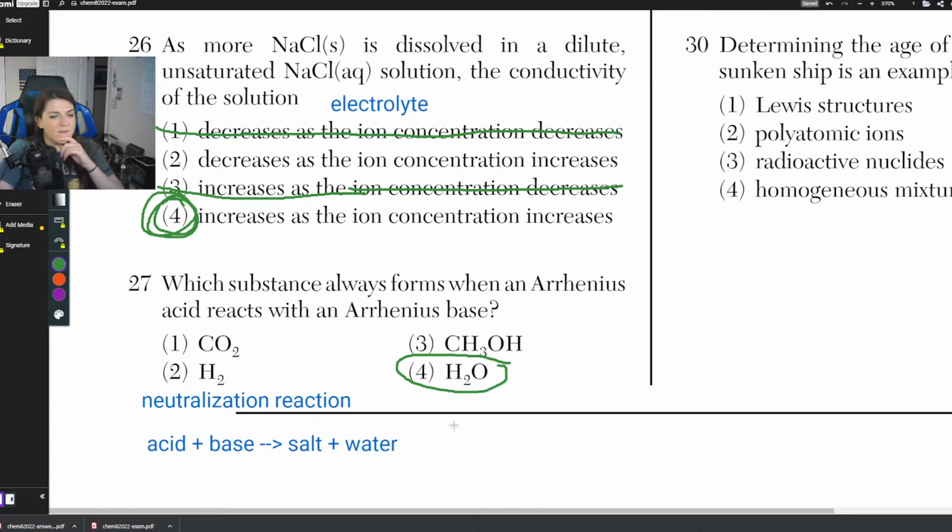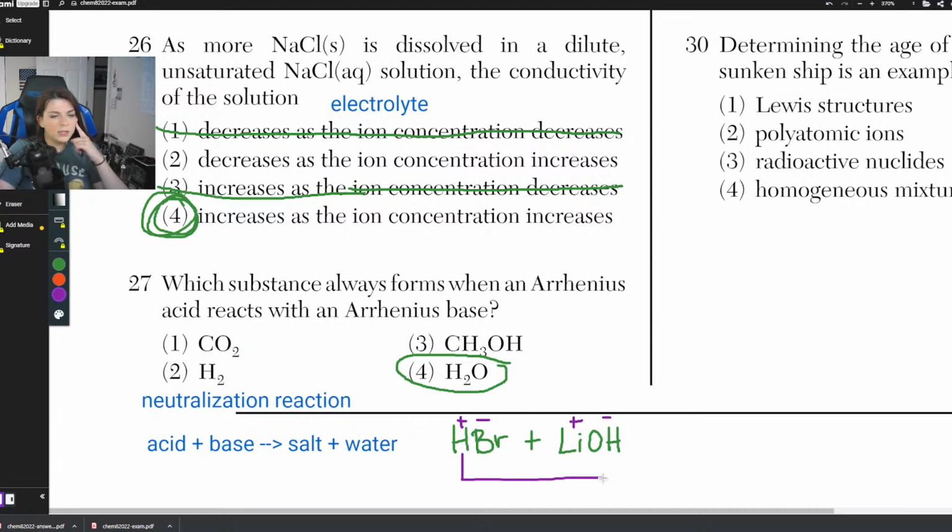Let's say we have hydrobromic acid reacting with, I don't know, lithium hydroxide. In this case, let's do the double replacement, right? We have positive, negative, positive, negative.